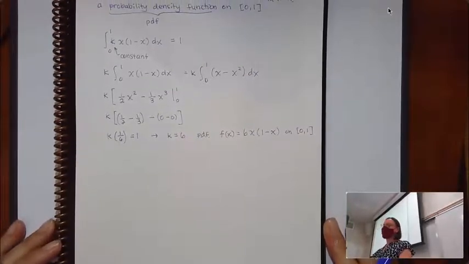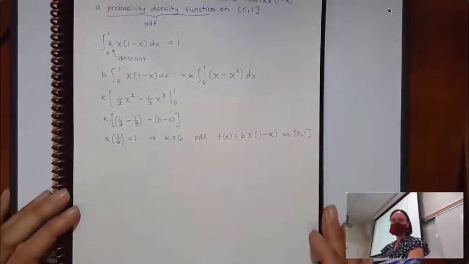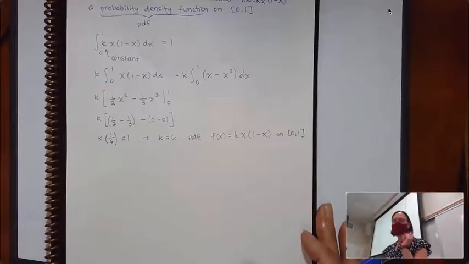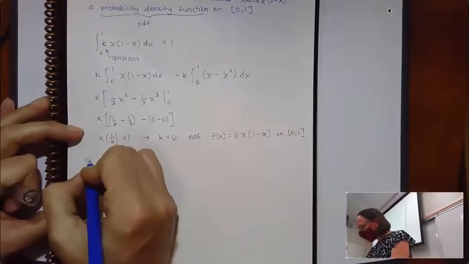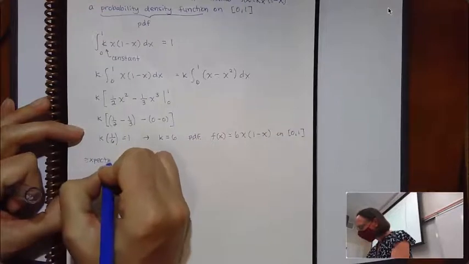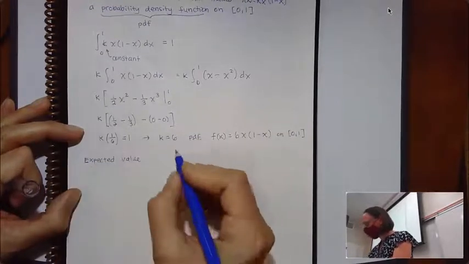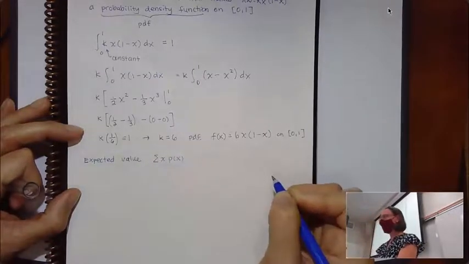I said all those things that we could do discrete, we can also do for continuous functions. So let's talk next about that mean or the expected value. Expected value for those discrete functions looked like the sum of x times the probability of x.